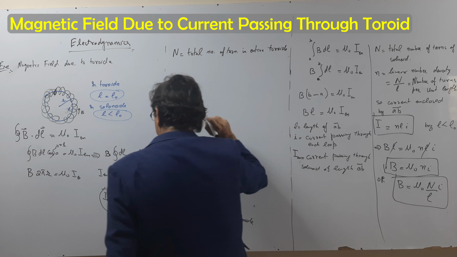If in a solenoid we consider the length as 2 pi r, then the result will be the same. Because if we turn the solenoid and put this value L equal to 2 pi r in the formula of the solenoid, B equals mu naught N I over L, it becomes mu naught N I over 2 pi r.